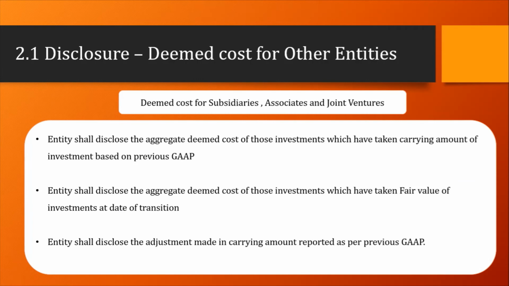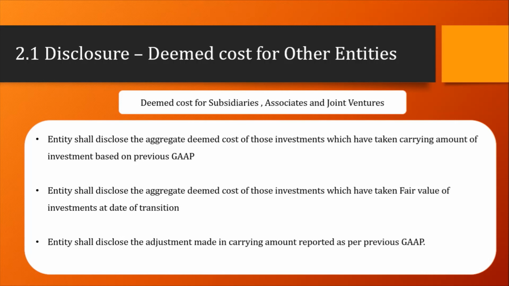2.1 disclosure, deemed cost for other entities. Here the other entities means the subsidiaries, joint ventures and the associates. The company has to disclose the aggregate amount of deemed cost, where the deemed cost is a carrying amount calculated based on the previous GAAP for the investments made.